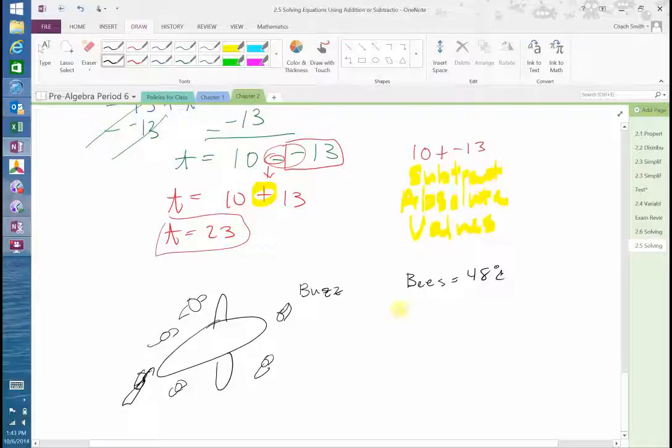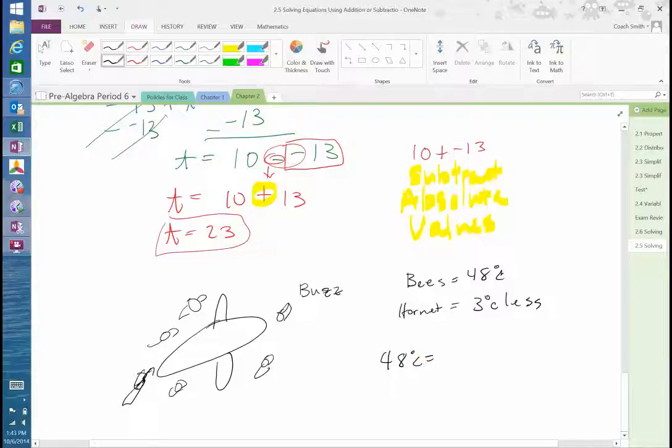The hornet can tolerate 3 degrees Celsius less than the bees. Or we can say it this way: what's the maximum temperature the bees can handle? 48 degrees Celsius is what the bees can handle.